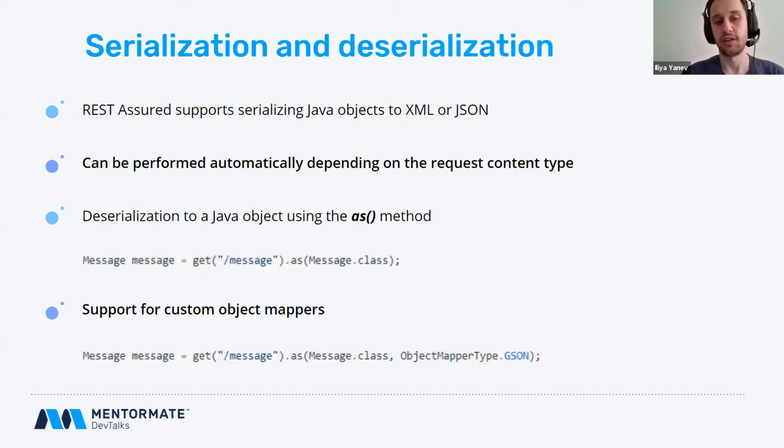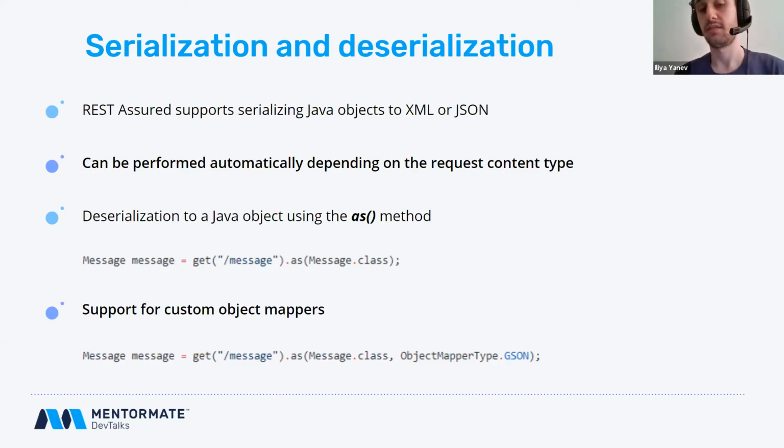And deserialization happens using the as method. In the example here, I'm just calling the get endpoint message, and I'm deserializing the response to a message class that I have created. That's pretty much the automatic way to do it.